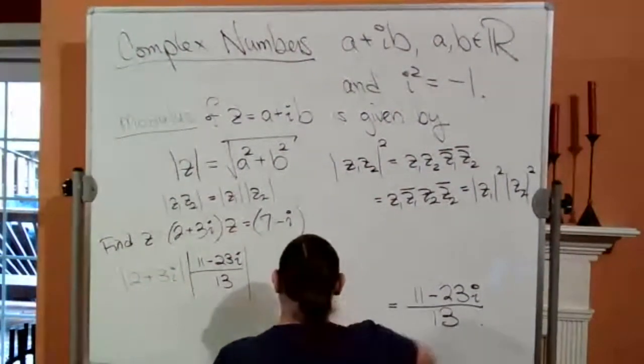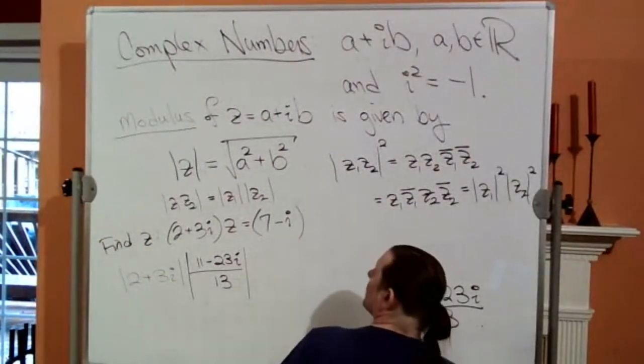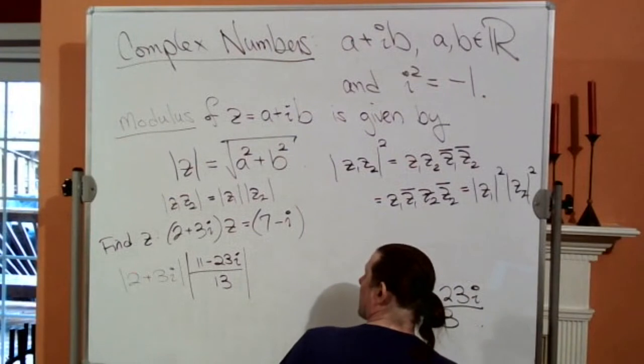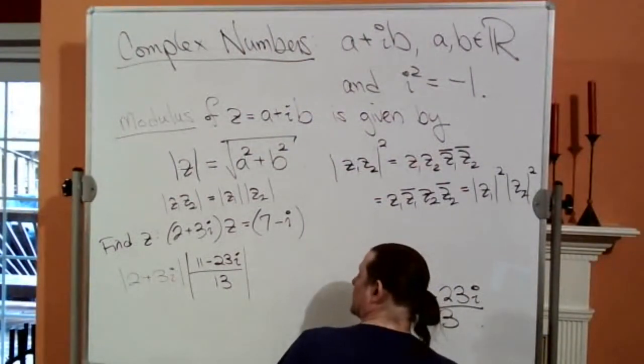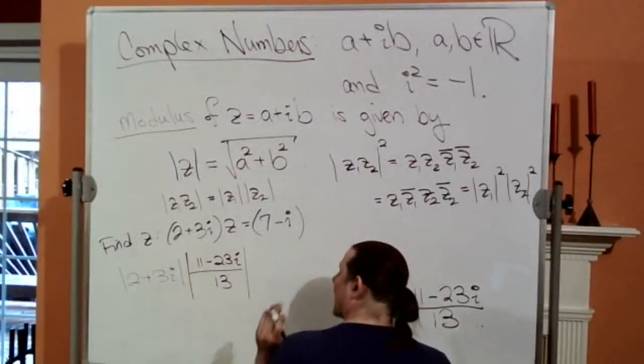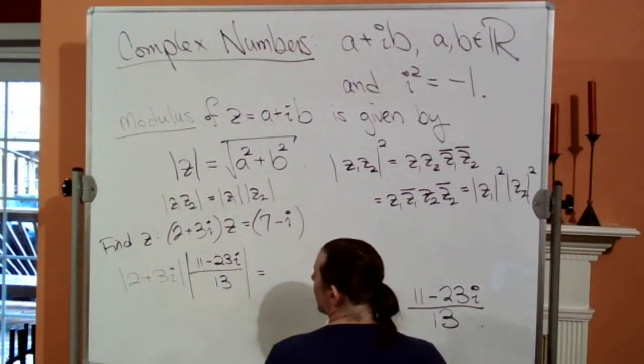Well, let's see, it should be the square root of 50, all right, or 5 times the square root of 2. That is not obvious at all from here. But let's see what happens.